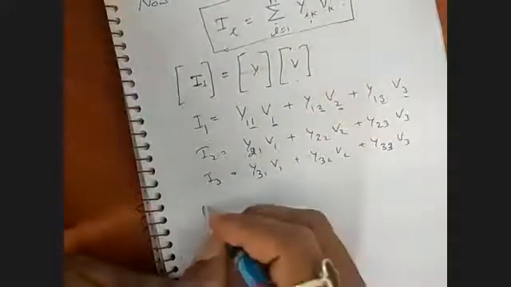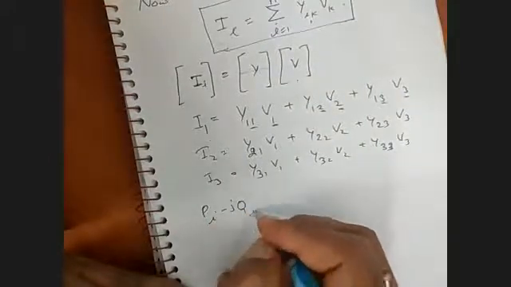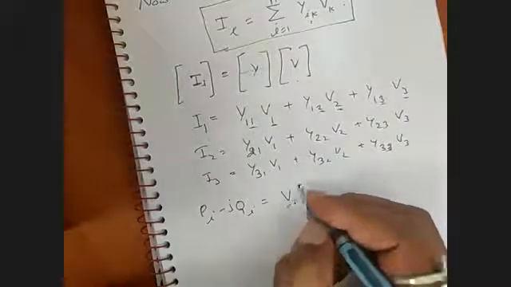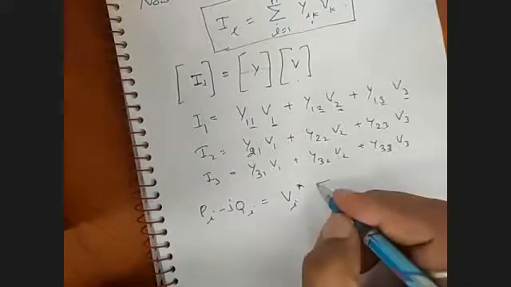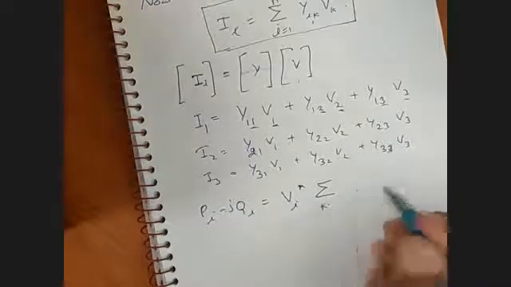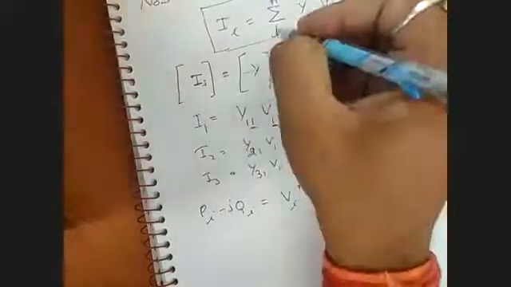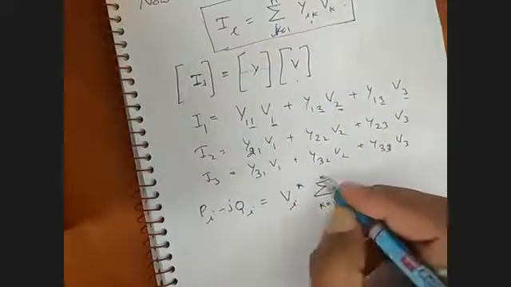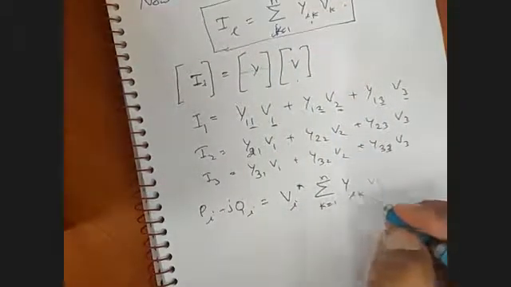So we put this formula here. So your Pi minus jQi will become Vi star summation k equal to 1 to n Yik Vk.